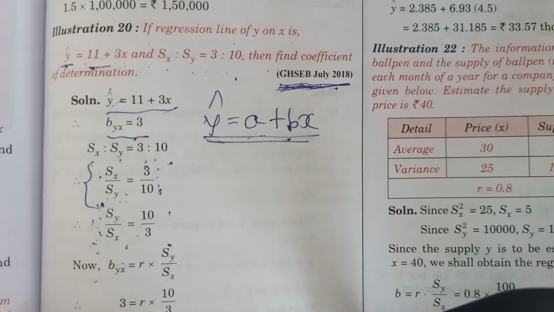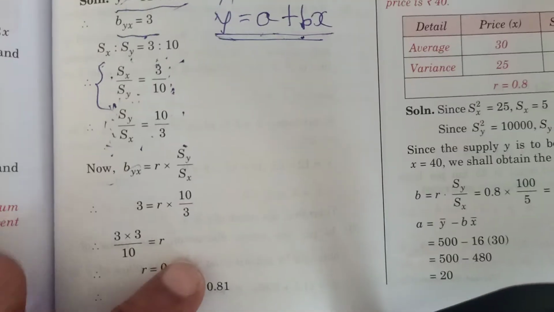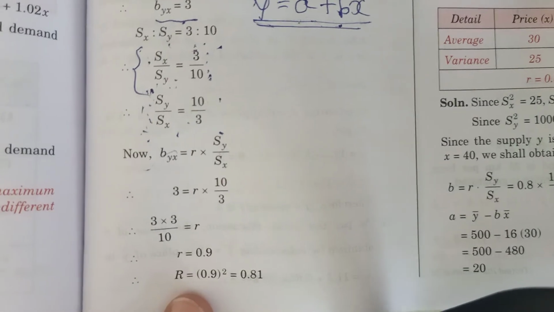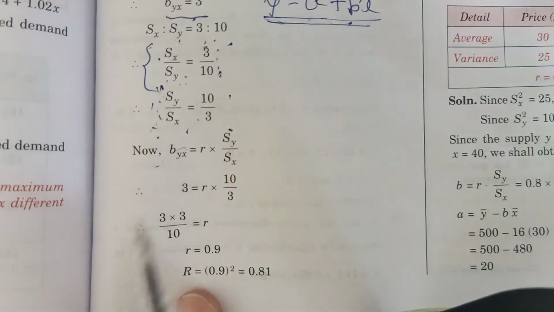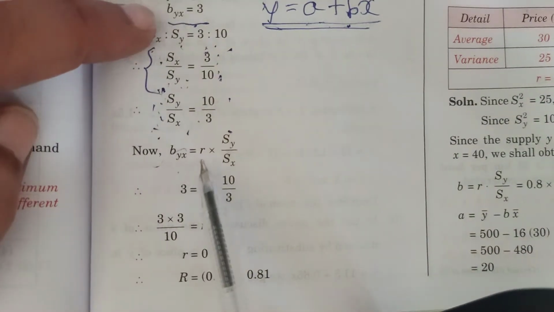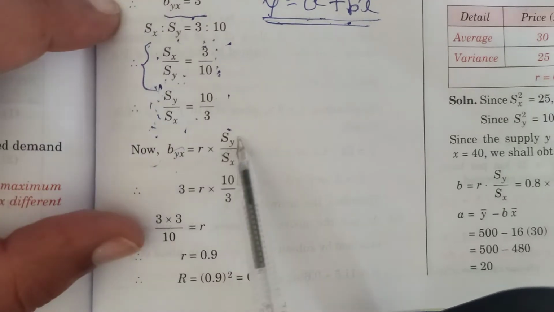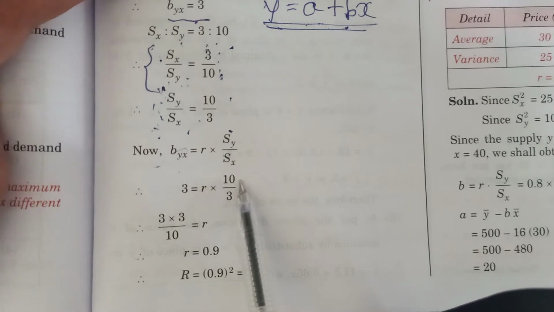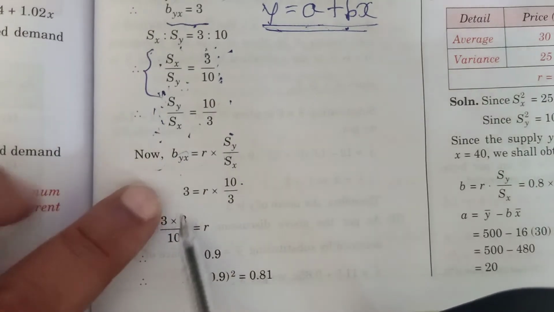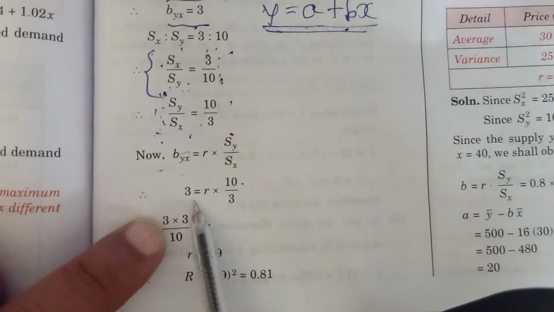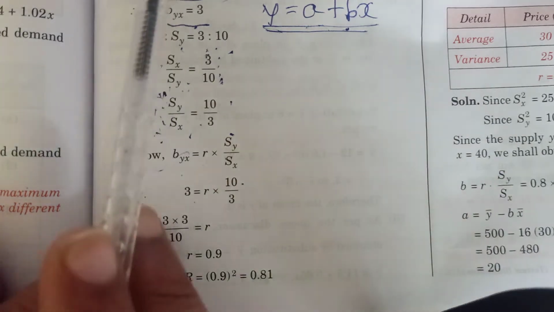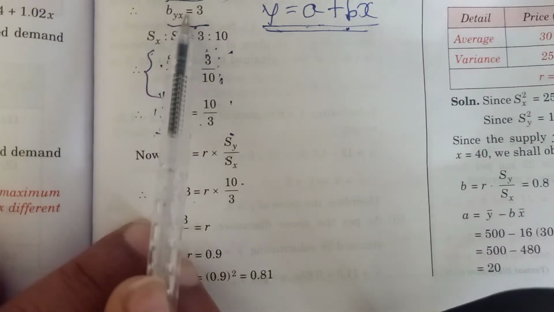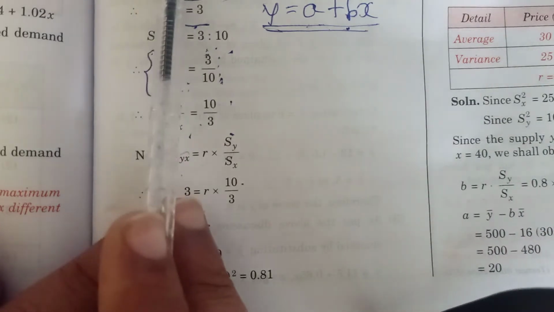Now we put the values into the formula. The formula of byx is r into sy upon sx. Byx is 3, it is given in the question, 11 plus 3x.